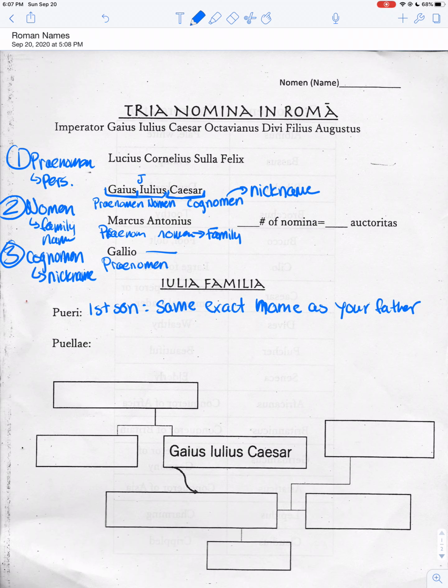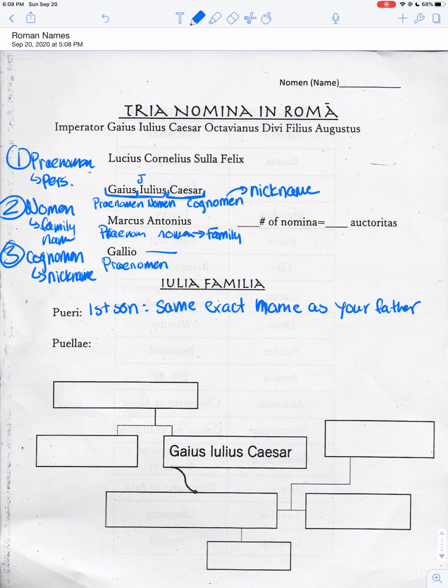If you were a drunkard, or if you had buck teeth, or if you were short or fat or tall or skinny or hairy or had some colored hair like blonde hair or black hair, or they thought you were wise, or they thought you were beautiful or charming, they would nickname you based on that feature. So however you looked, however you acted, they were descriptive, and that's how they gave you your nickname. And they thought that was a great way to name people.